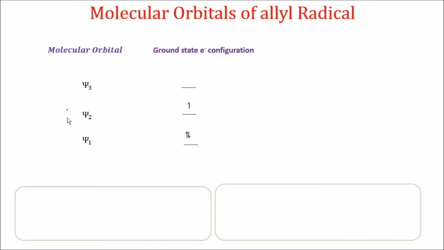This is the energy order of allyl radical molecular orbitals. Here 2 orbitals have electrons. Of these, Psi2 has higher energy, that becomes HOMO. Psi3 does not have any electron, that becomes LUMO under ground state.